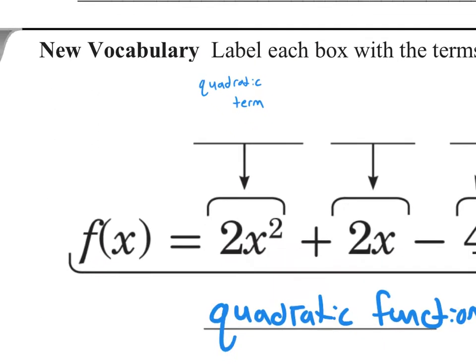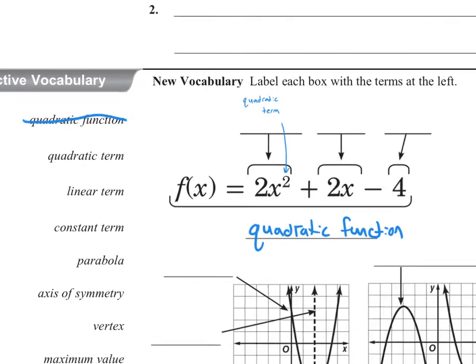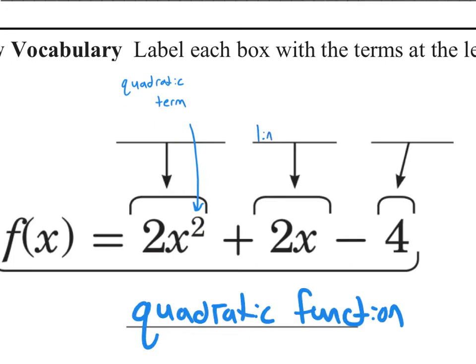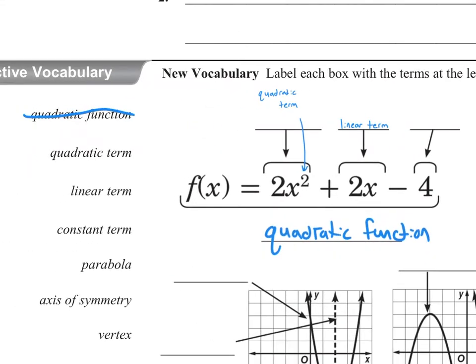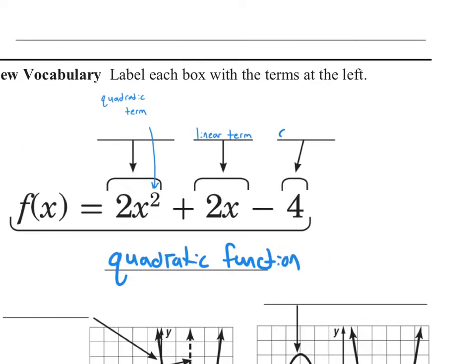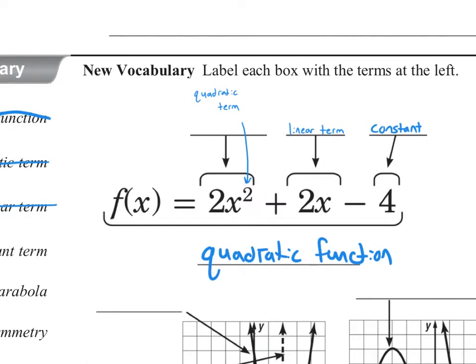And the quadratic term is something that has an exponent of 2. It can also have other parts, such as a linear term, and then also a constant term. But it must have the quadratic term.